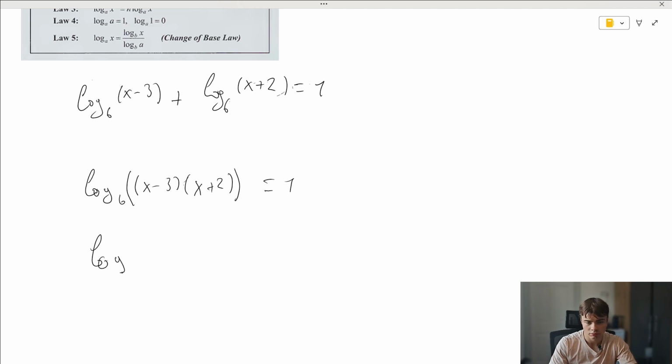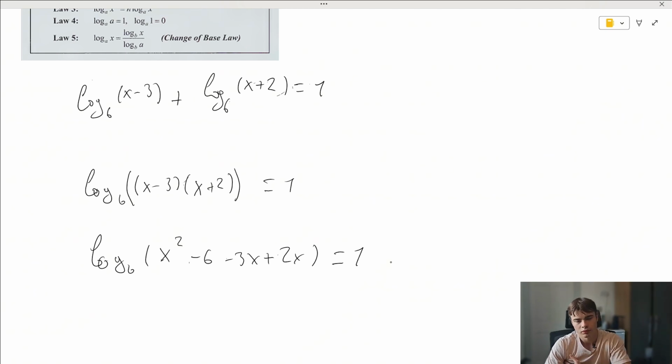Simplify. x squared minus 6 minus 3x plus 2x equals to 1. Okay, now the question is what 6 needs to be raised to get this number.